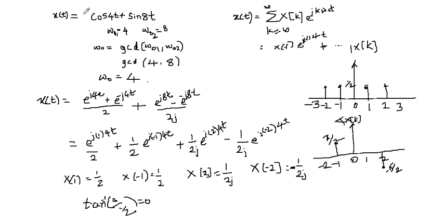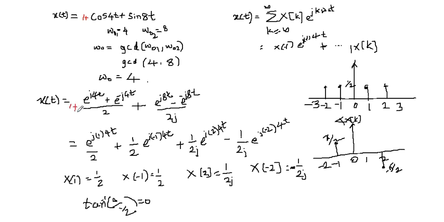Suppose this problem has a 1 here, like if it is 1 plus any trigonometric value, then also its fundamental frequency will be the same, and the way of calculation is the same. So we could write this one as 1 plus.